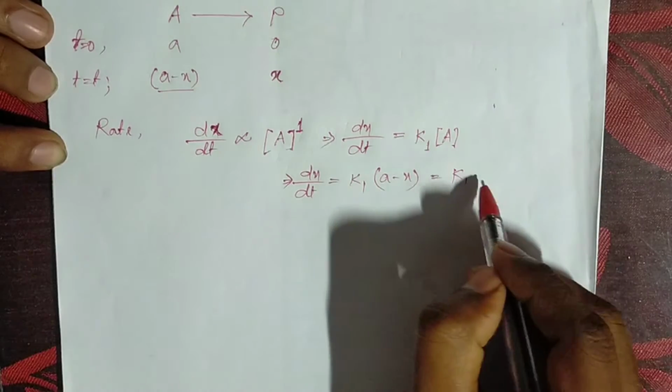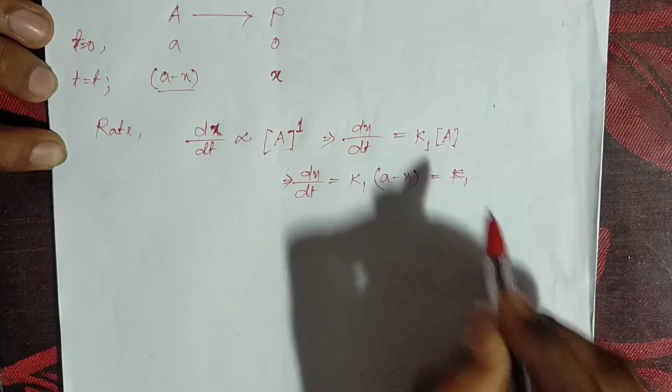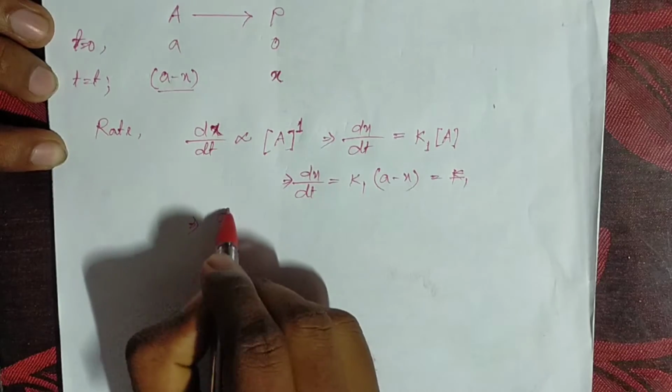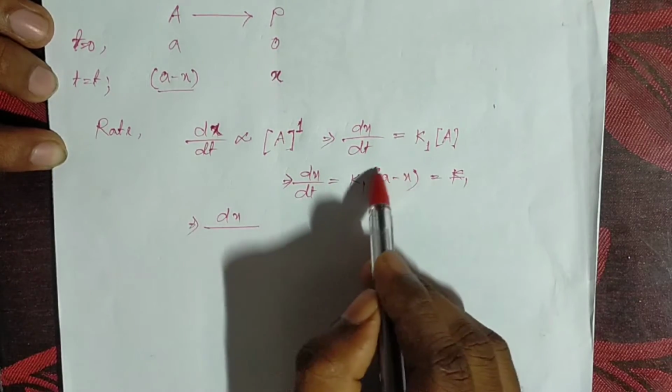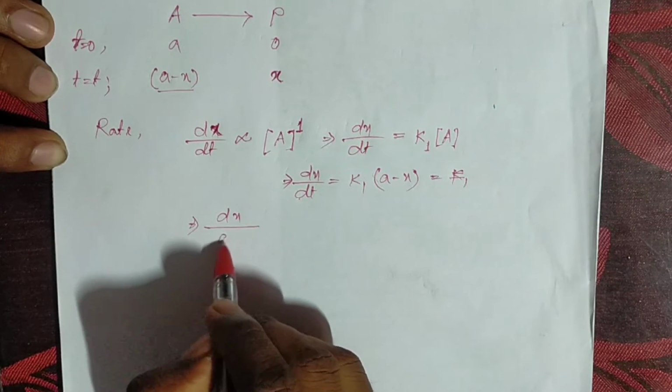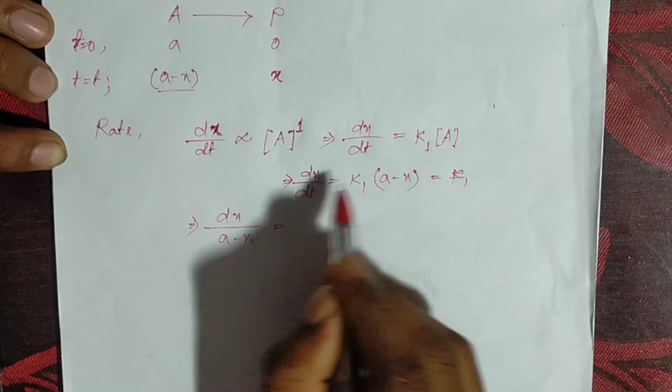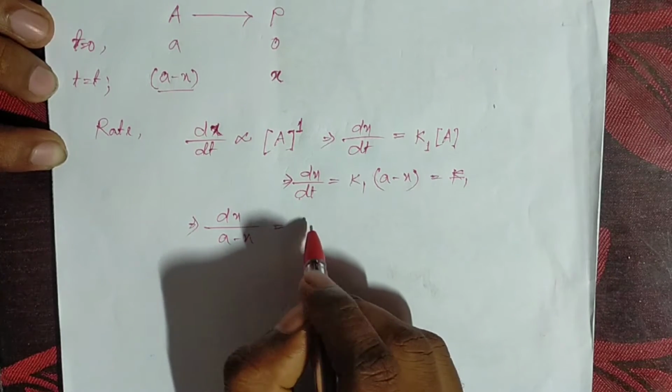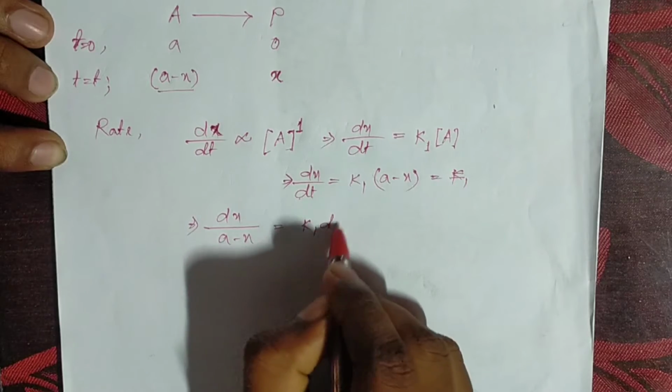So we can write dx divided by a minus x, bringing a minus x over here, is equal to k1 dt.